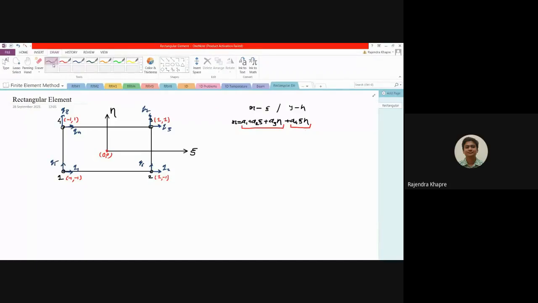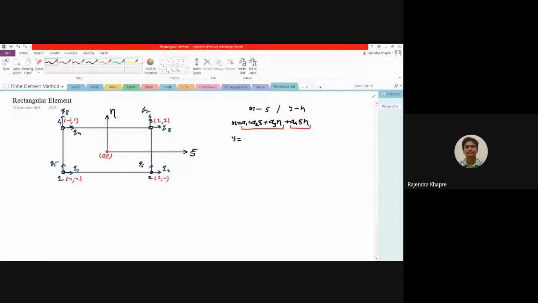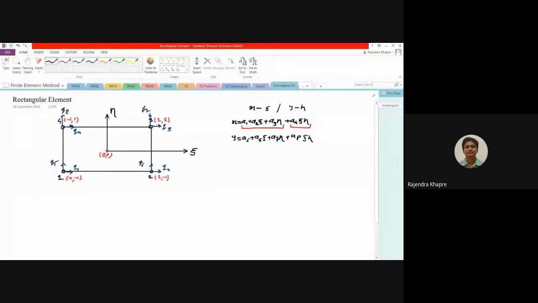On similar lines, we can also assume the value of y as a5 plus a6 times xi plus a7 times eta plus a8 times xi times eta. On similar lines, we can have the displacement polynomial u, as well as v.